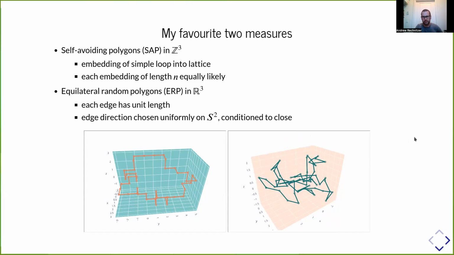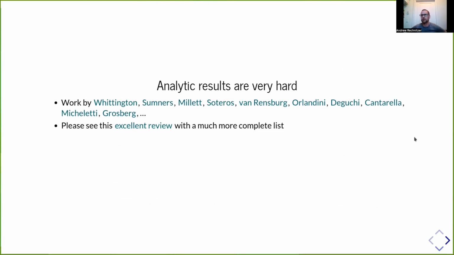Okay, so once we have these two measures, we might try to prove some stuff about what the topology looks like. And you realize very, very quickly, and it's perhaps no surprise to the people in the audience, that analytic results in this topic are hard. They're very hard. And there's a great deal of very nice, interesting work by people like Stu, who's in the audience here, DeWitt Sumners, Ken Millett, Chris Soteros, Buks, Enzo, Orlandini, Deguchi, Cantarella, and so forth.